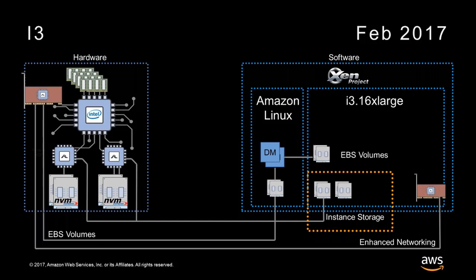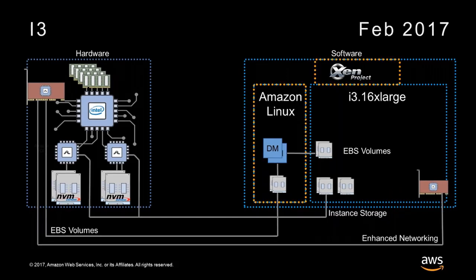So now we've offloaded storage both in the form of instance storage and EBS, and we've offloaded networking in the form of ENA. So what comes next? All of the other software. So we went after the virtual machine monitor itself, and we went after the management partition.